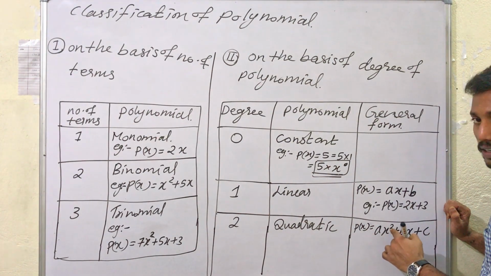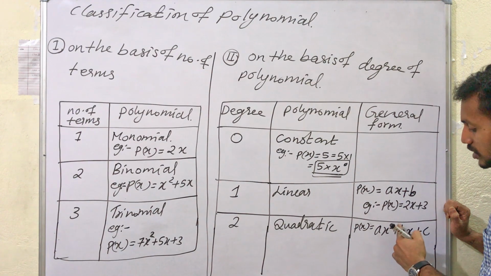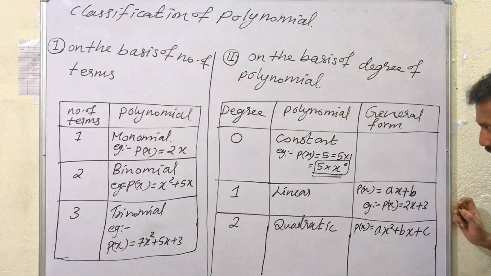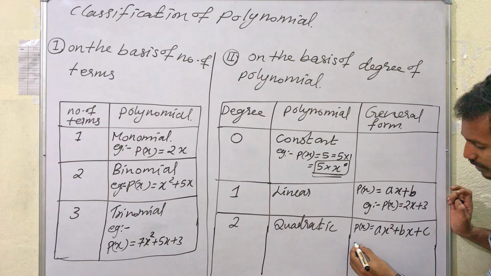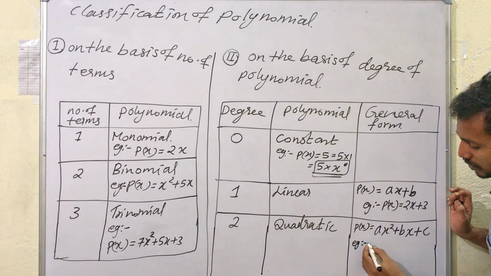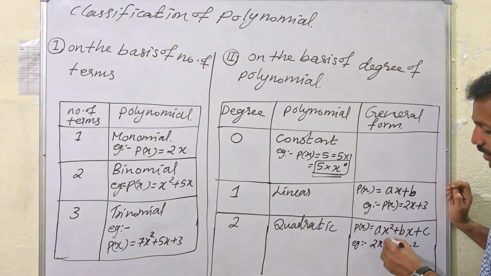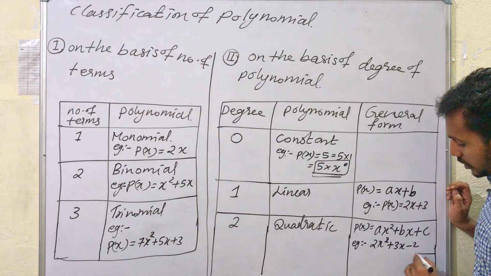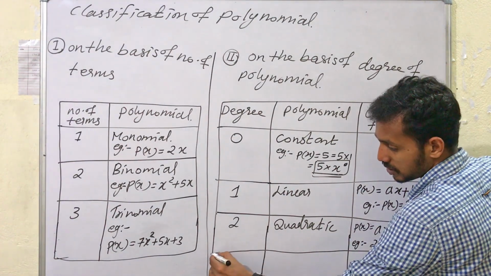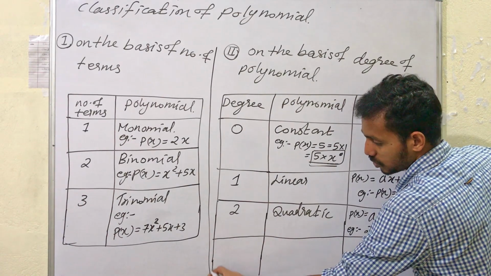We have to write in standard form, in the decreasing order of its power. For example, 2x square plus 3x minus 2. That is a quadratic polynomial. Its degree is 2.